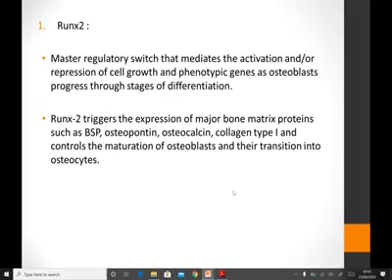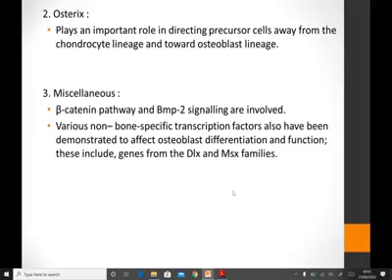These transcription factors push the mesenchymal stem cell to differentiate into other types of lineage like chondroblasts or adipocytes or the myogenic cells. So transcription factor 2 basically is pushing the formation of the osteoblast from the stem progenitor cell.